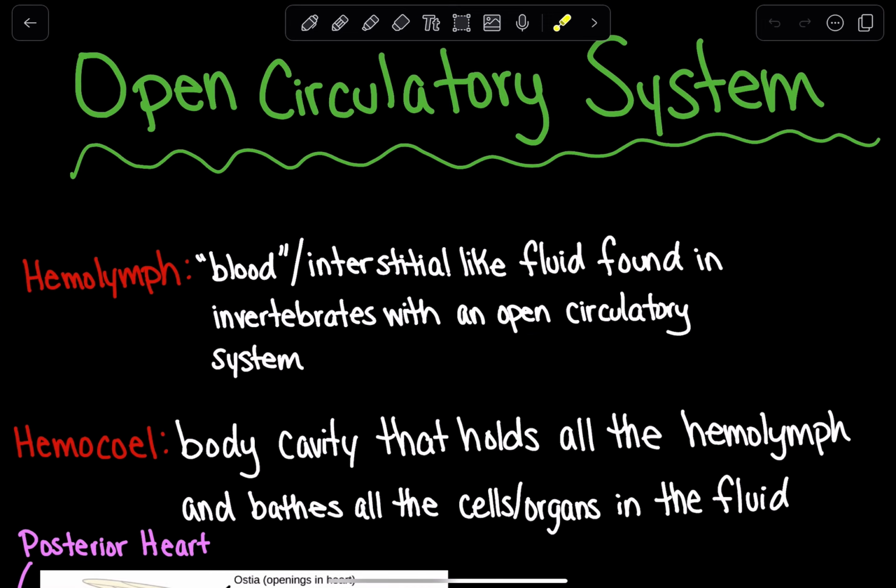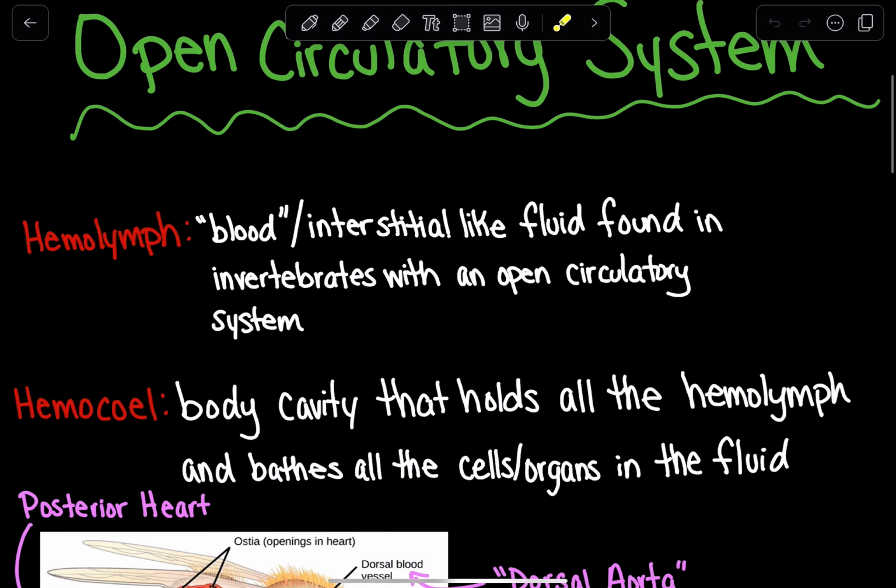Now, as I mentioned, the fluid medium, which in this case is hemolymph, in an open circulatory system is not bound within blood vessels. Instead, it is found in open space. Now, what is that open space called? That open space is called hemocoel. And we can actually break down this word and understand what it means. Coel, this suffix over here, means cavity.